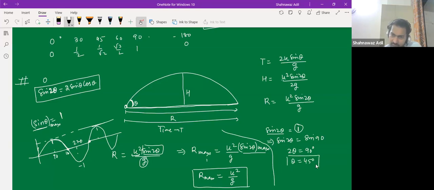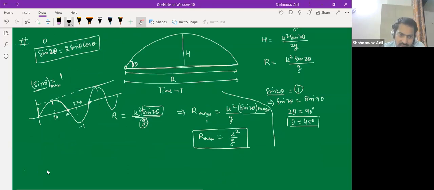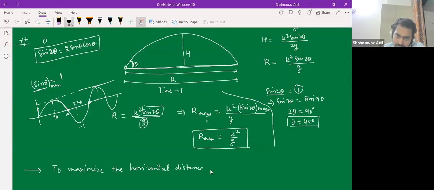So if I want to maximize the horizontal distance of the projectile, what should the angle of projection be?